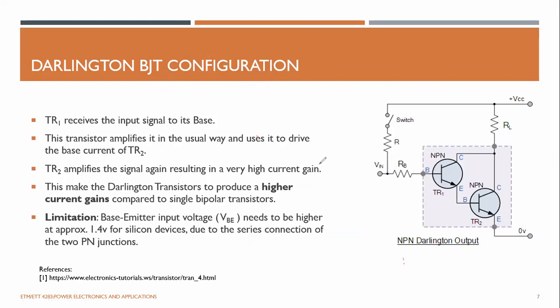In some applications, we need more output current, because using a single transistor is not enough to drive a large current. For example, if the gain of a single transistor is 100 and that is not enough, you can connect two transistors in the Darlington configuration, which drives more current than using a single transistor or connecting them in parallel, right?